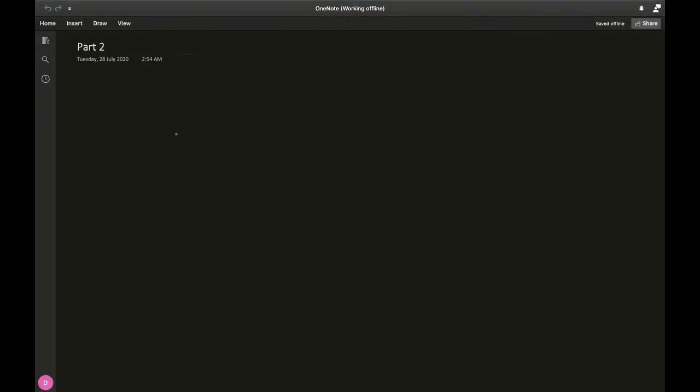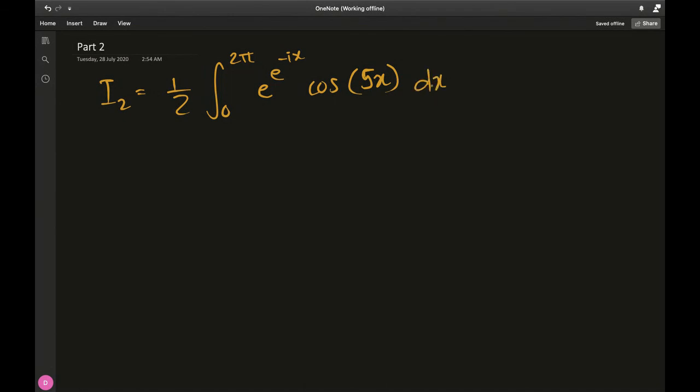Okay, so as pointed out on the very first page, I2 is actually half of the integral from 0 to 2 pi of e to the negative ix times cosine of 5x dx. Now we're going to use a similar substitution like we did for I1.